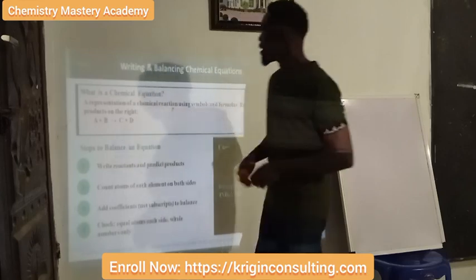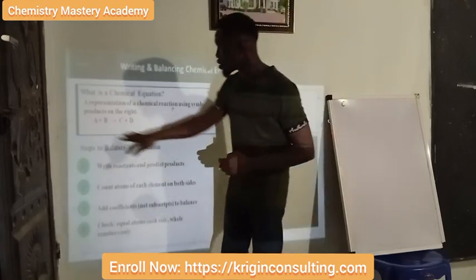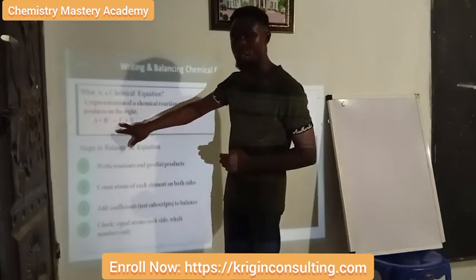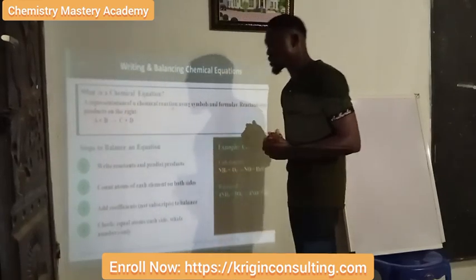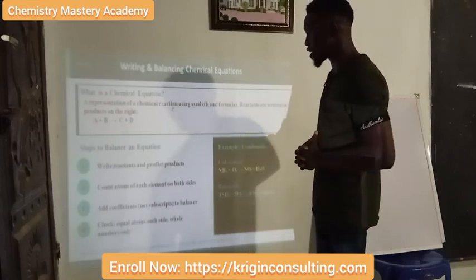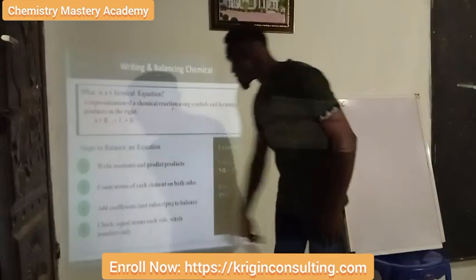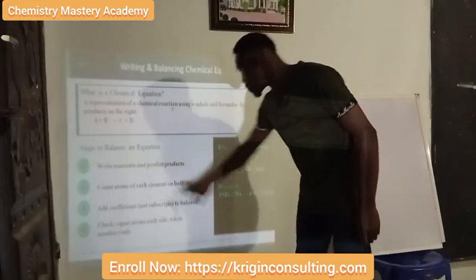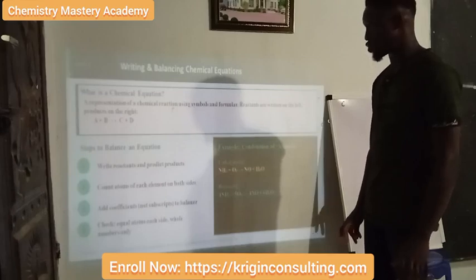So balancing of chemical equation comes in when you are trying to make sure that what we have on the left hand side is equal to what we have on the right hand side. Now, what are the steps involved in balancing a chemical equation? The first step is to write the reactants and the products that are formed or produced.